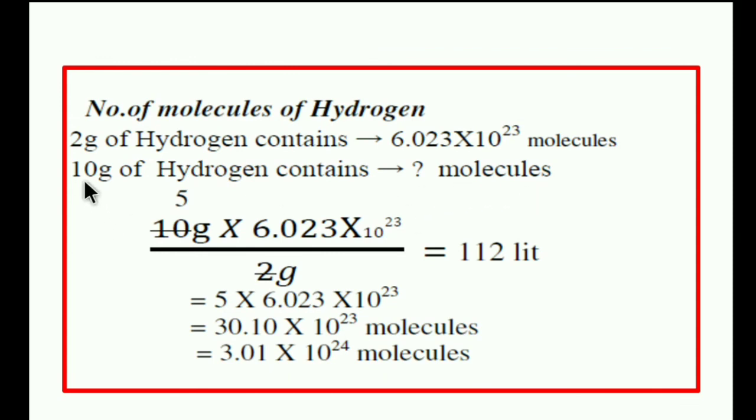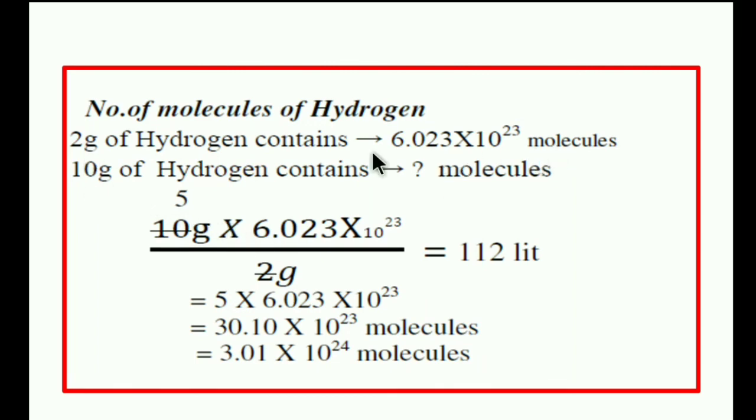That means 10 grams by 2 into 6.023. Generally we can also take 6.02, no problem. Sometimes in some books it is given as 6.022 or 6.023. That's why in my first slide I have given 6.02 to avoid the confusion, into 10 to the power of 23 molecules.